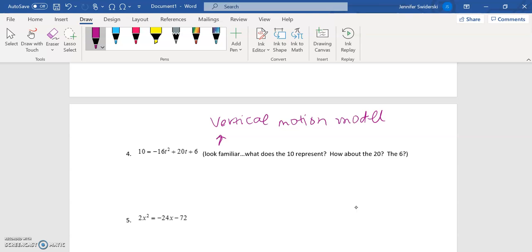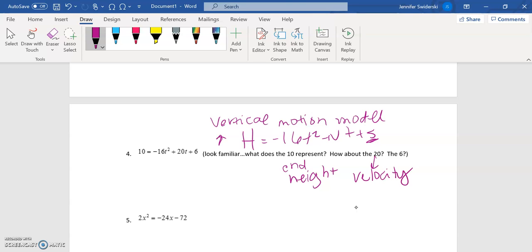Some of you might remember that equation, where we had h is equal to negative 16t squared plus vt plus s, where h is our ending height and s is our starting height. So the 10 is going to represent our ending height, the 20 will be our velocity, and that 6 is going to be our starting height.